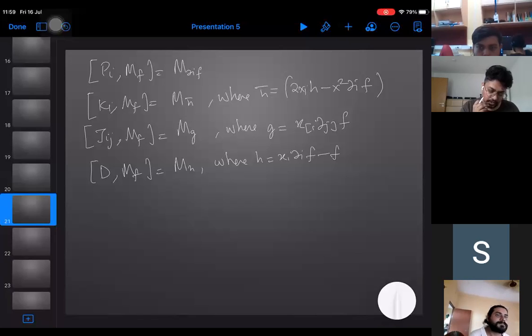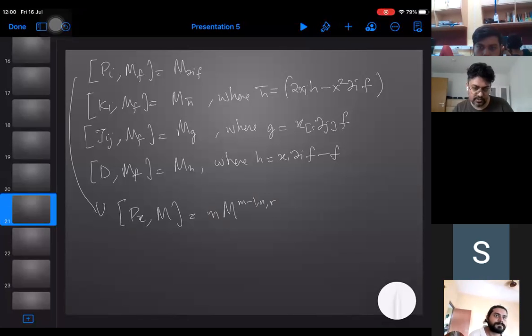So for example, here in 4 dimensions, if you take Px and then you act with M, you just get M of M minus 1 N R, something like this. So it's just a short form which I have written down.